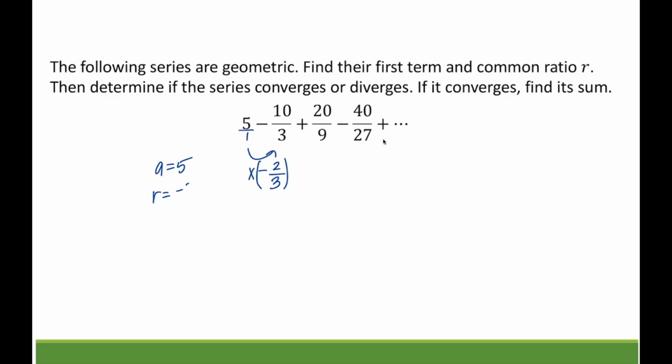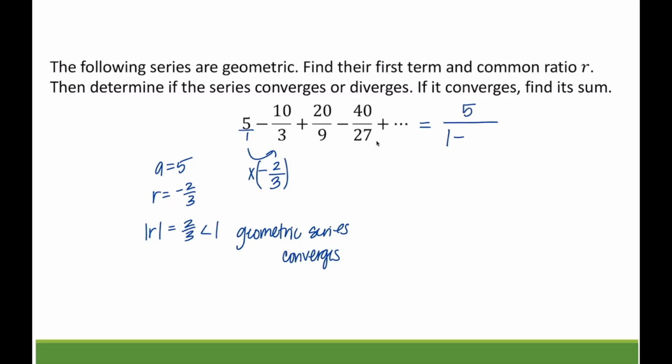So my r value is negative 2/3, and the absolute value of r is 2/3, which is less than 1. So if the absolute value of the common ratio is less than 1, then we know that the geometric series converges. And more than that, we know what it converges to. So this is going to converge to the first term, 5/1, over 1 minus the common ratio. So here we want to be careful.